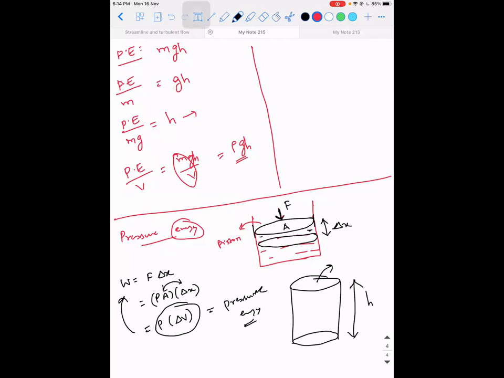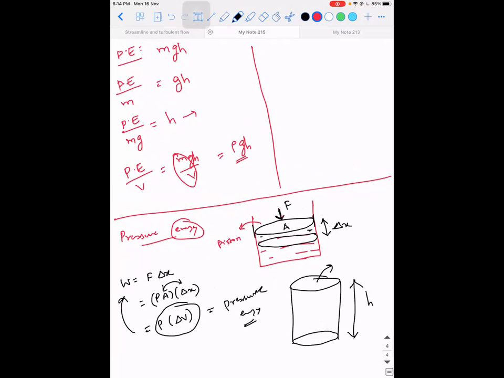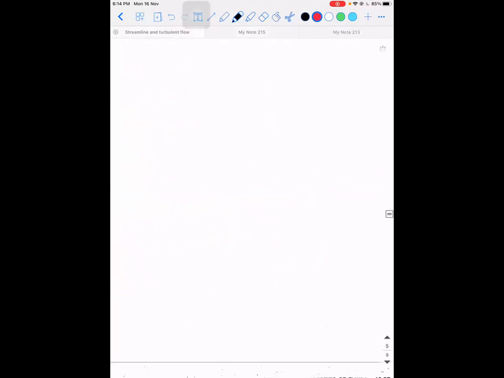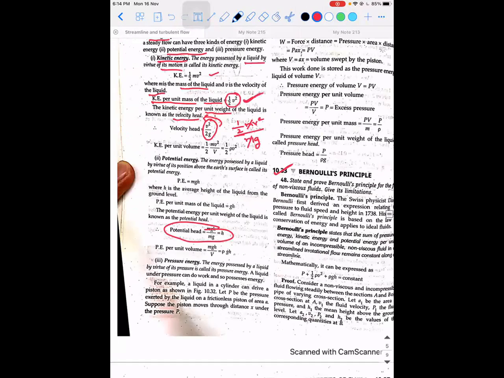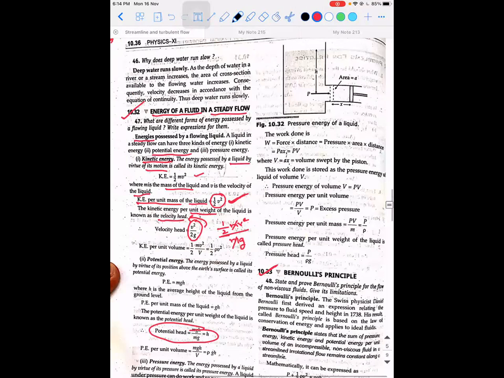Clear? In a similar way, you can define other parameters. I'll show you here itself. Pressure energy of a volume is PV. So if I define pressure energy per unit volume, then what is it called?